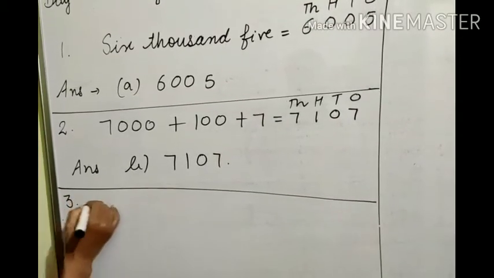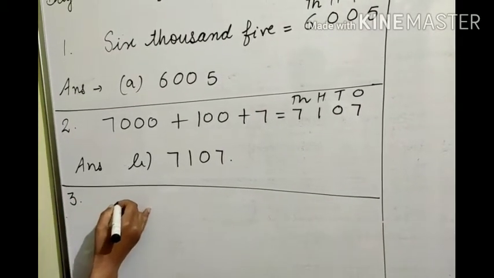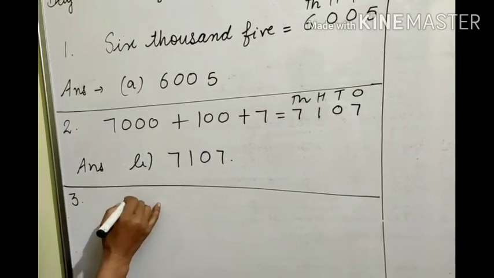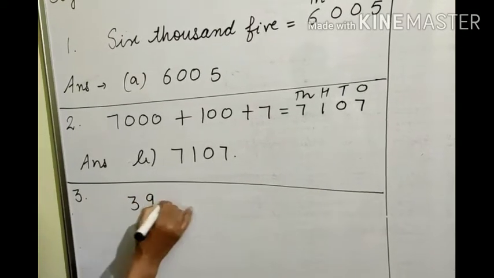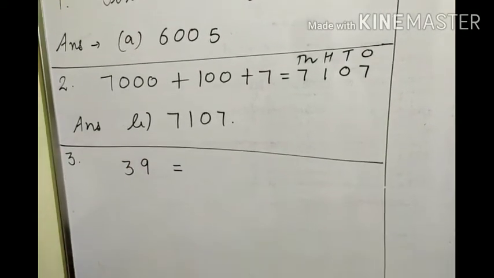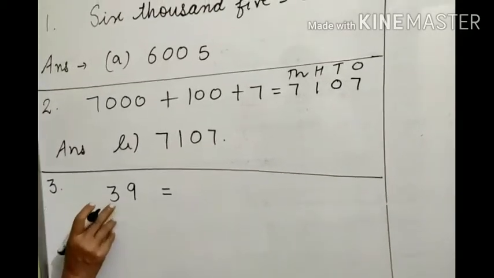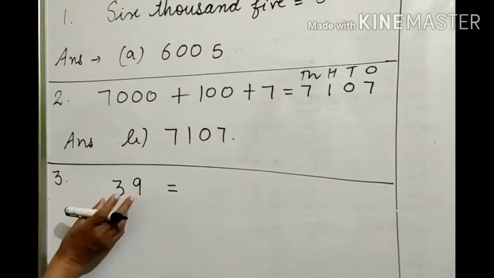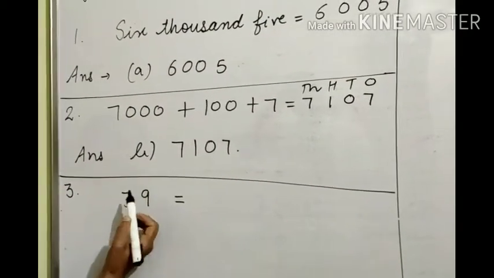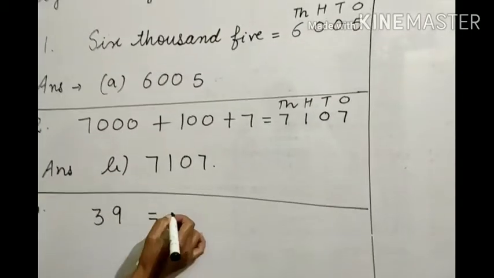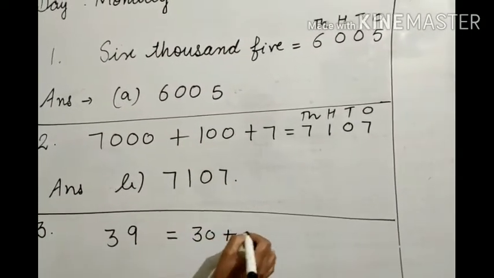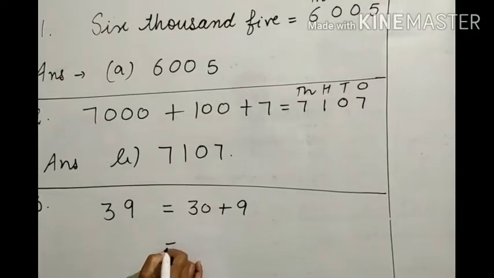Now question number 3. The correct Roman numerals for 39. As I told you earlier, when a two digit number is given, we break the number into tens and ones: 30 plus 9.